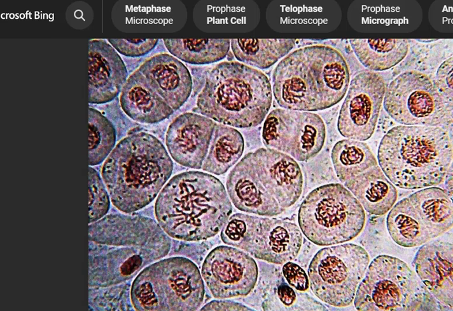This one is mitosis. You can see the chromosomes lined up across the middle, metaphase of mitosis, because you can see them lined up across the middle. So metaphase in the middle. And usually that's the one that you see the most of. So this is kind of an unusual slide.